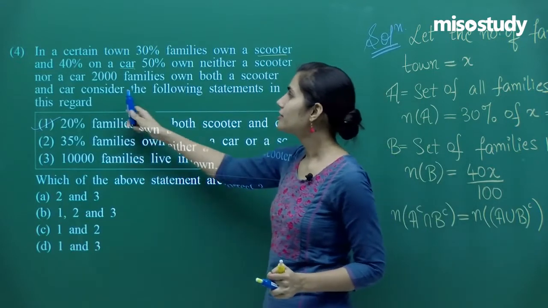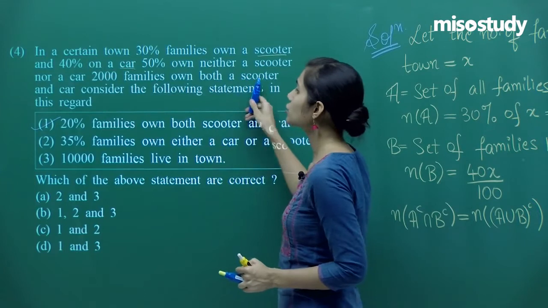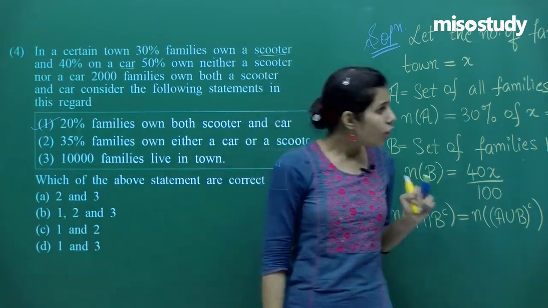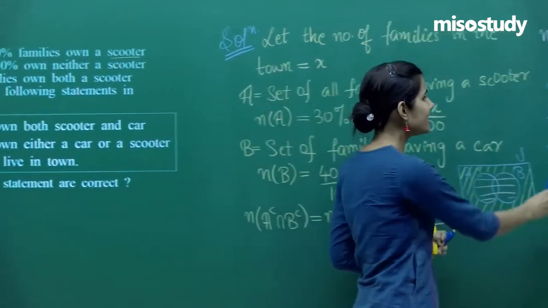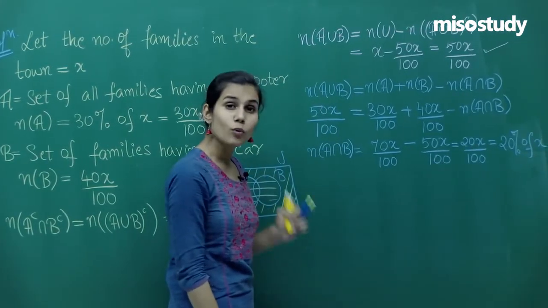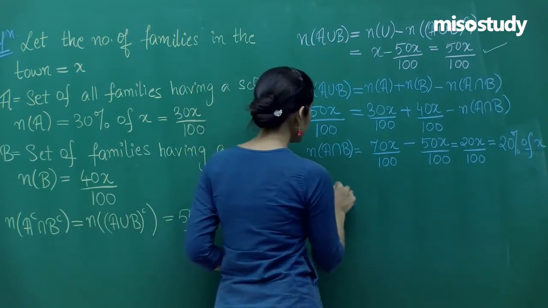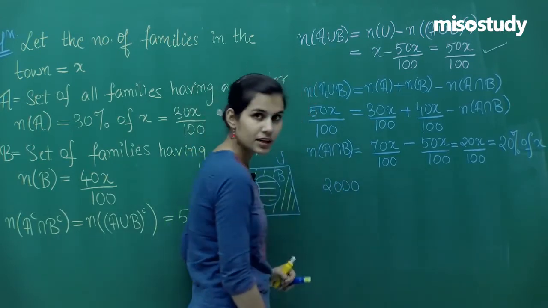Now the question further is saying 2000 families own both a scooter and a car. We already have the number of members in A intersection B to be 20x upon 100, and the question gives me the exact number of this also, which is 2000.